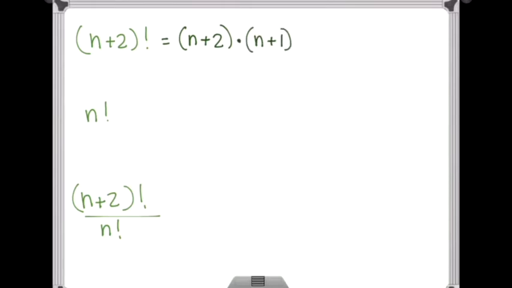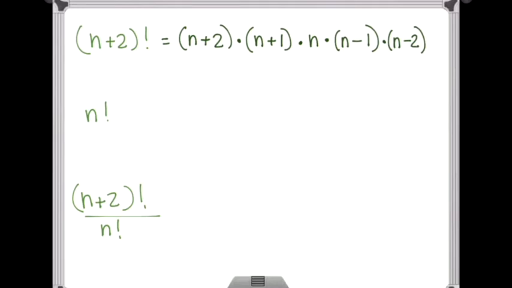The next consecutive integer going down from n plus 2 would be n plus 1. Let's go down one more time. We would get n. Let's go down one more integer. So I'm counting down from n plus 2, and I'm going to have n plus 1, n, n minus 1, and then n minus 2.